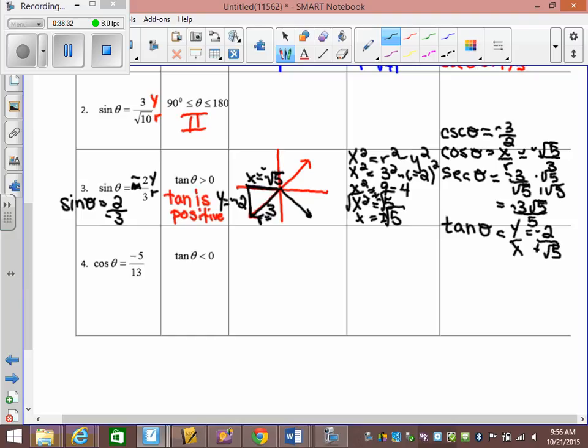It's going to become positive because tan is positive in that quadrant. Multiply by root 5 over root 5 to rationalize it. So you're going to get 2 root 5 over 5. And then cotan is going to be what? Root 5 over 2. You can flip this one, you're just going to have to do more rationalizing. So I'm going to flip the first one. So 2 over root 5, when it's the reciprocal of it, it's root 5 over 2.